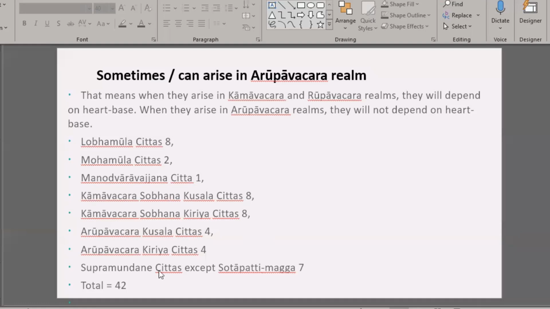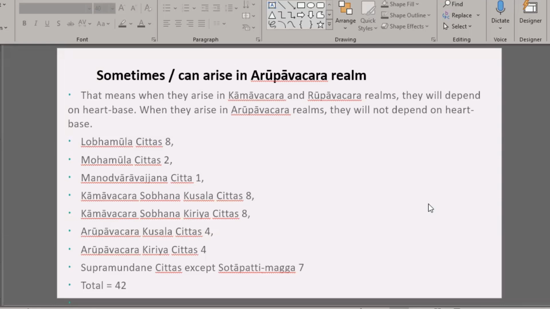Then supramundane chittas except Sotapatti Magga. As we mentioned, Sotapatti Magga arises in the Kama realm or Rupa realm, because they need the ear to listen to Dhamma. Those who attain Sakadagami, Anagami, Arahanthood, as once-returner, non-returner and Arahants, as humans, those Lokuttara chittas arise in those beings.